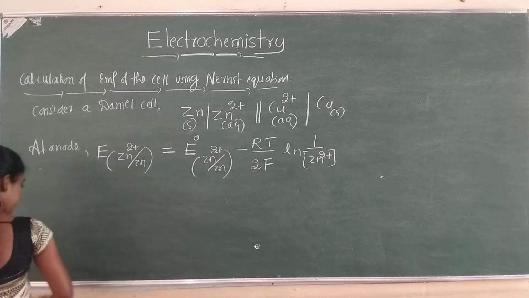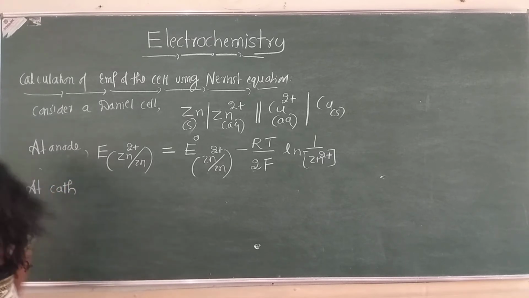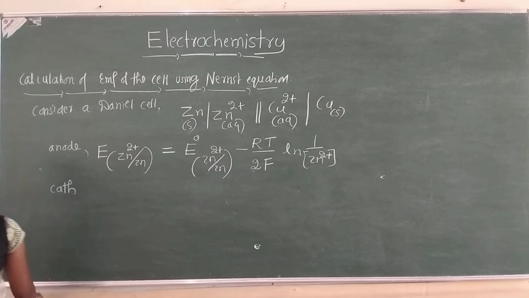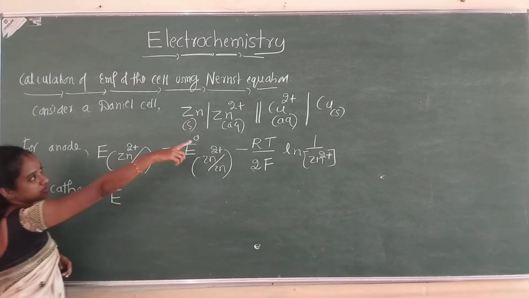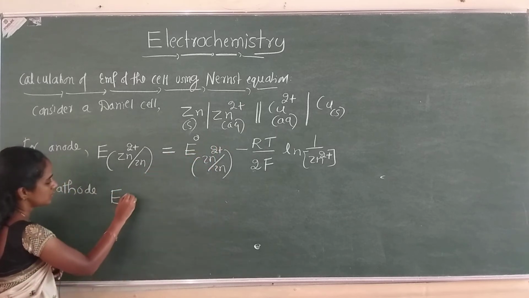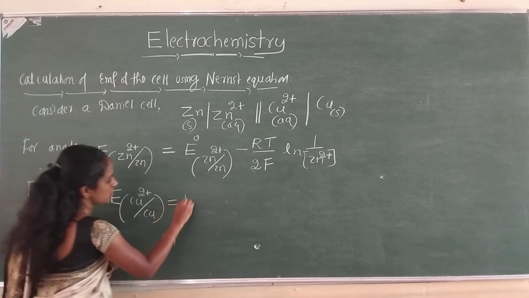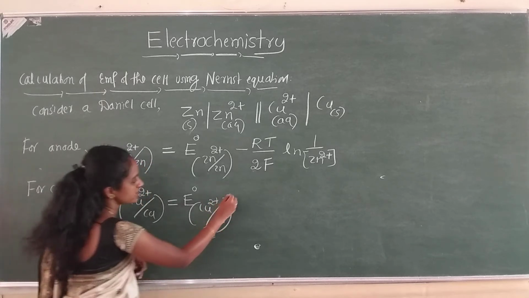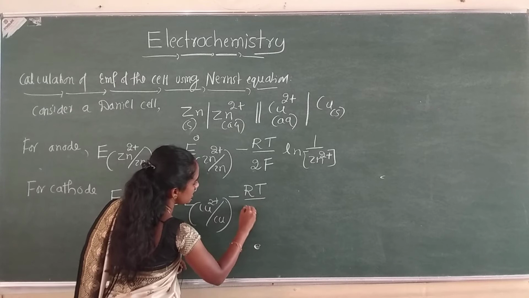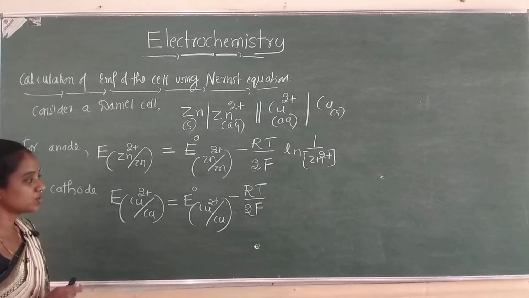Similarly, for the cathode, write the electrode potential using the Nernst equation. We are writing the electrode potential for the anode and for the cathode. The cathode is the copper electrode, therefore we can write it like this, which is equal to the standard electrode potential of copper minus RT divided by 2F, again the number of electrons involved in the electrode reaction being 2.